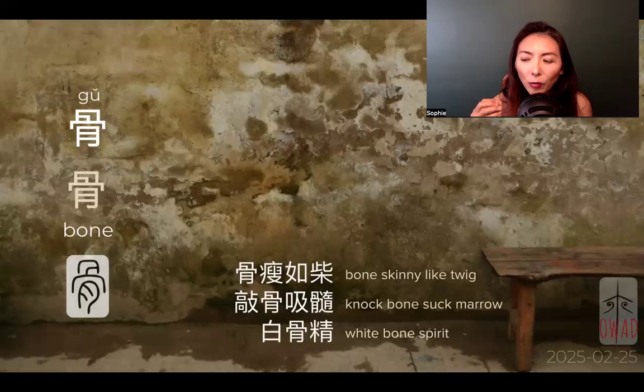Whatever liquid in it already dried up. And so when a person's image is bone skinny, we compare that to this dry wood piece, twig, and we use that to describe how dry that is, meaning we don't really have much between skin and bone. And that's 骨瘦如柴. And we can imagine people who suffer from that.